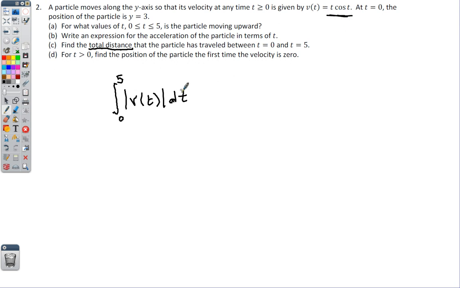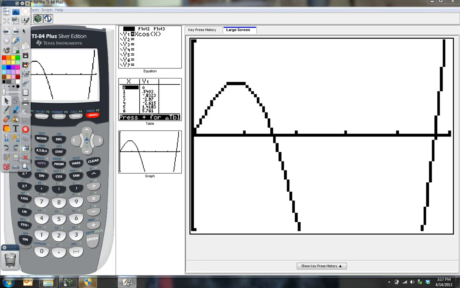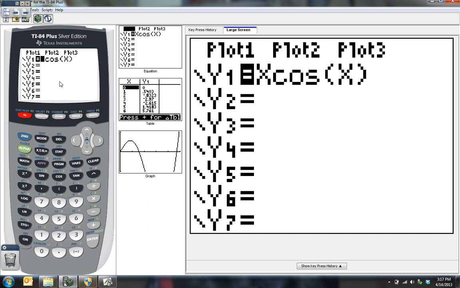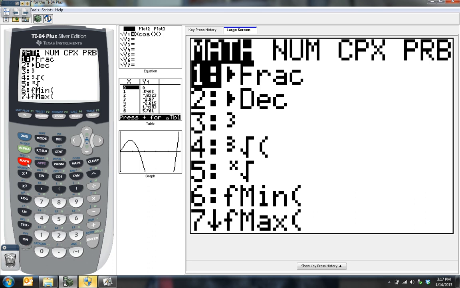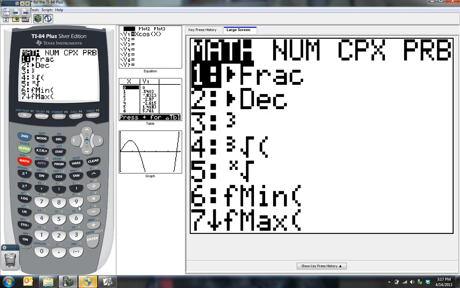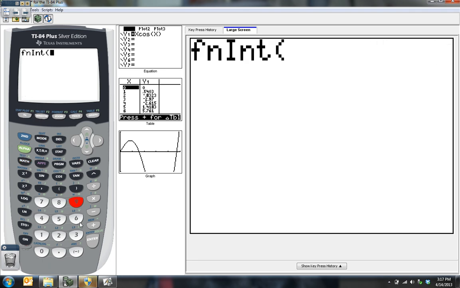And this is a calculator problem, so we can go to our handy-dandy calculators to do it. Now, we've already put t cosine t in, so we can use that. And I'm not in MathPrint, so if you don't have a TI-84, this is how it works. So you're going to go to Math 9, which is fnInt. Then you're going to go to Math, and then switch over to Num.